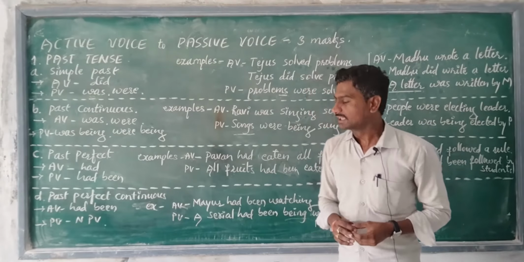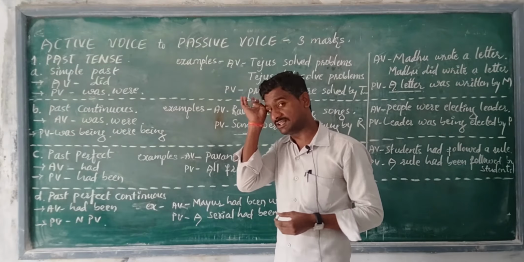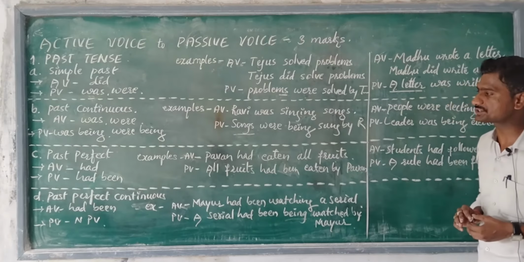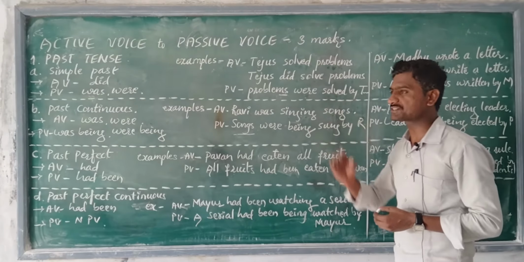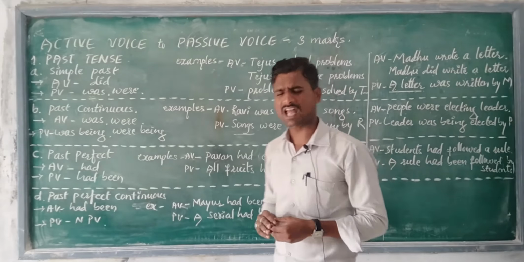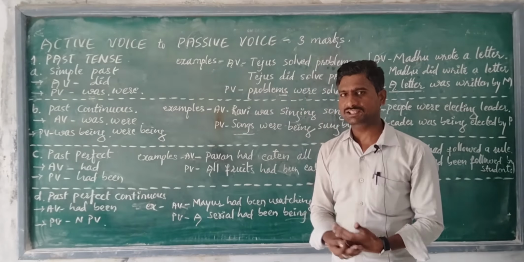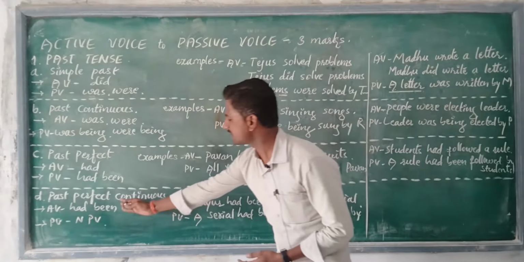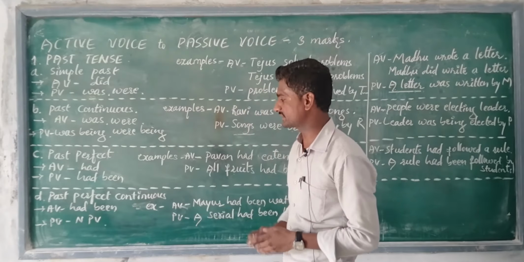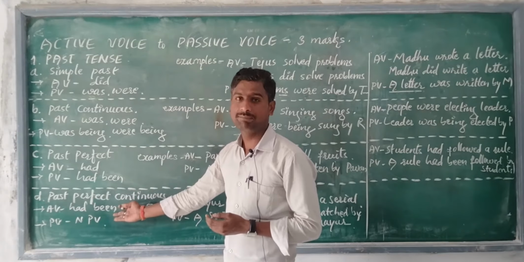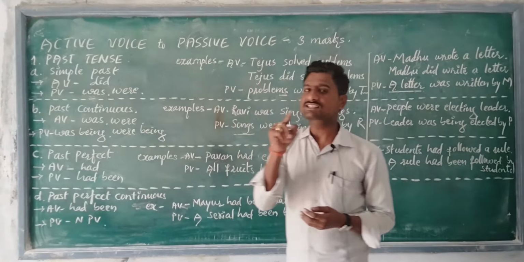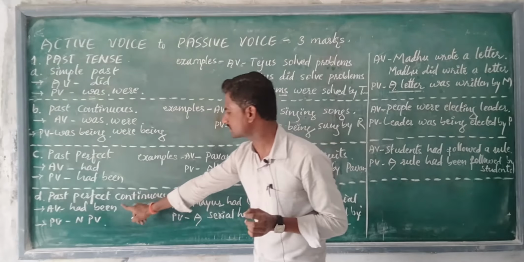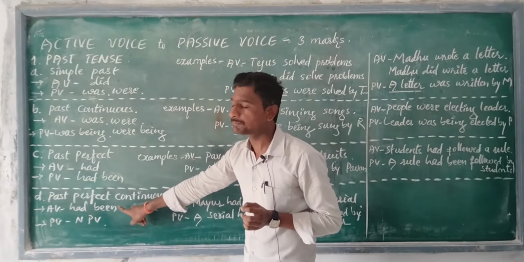Yes, now I let you come to the last part of the past tense. In the last part, what are the active voices and what are the passive voices? Let me introduce. Past perfect continuous. See, my dear students, had been. In past perfect continuous, we can see a beautiful helping verb, that is had been.